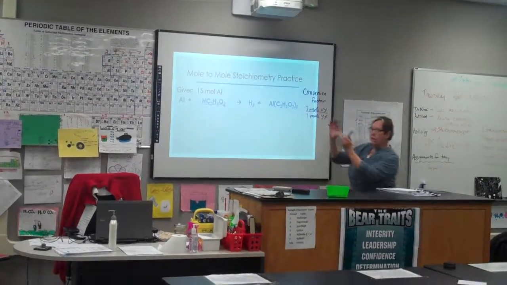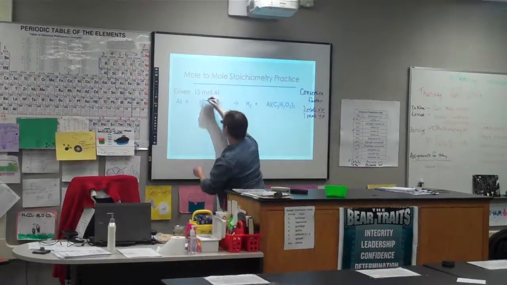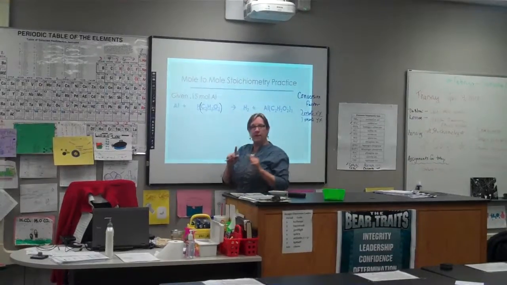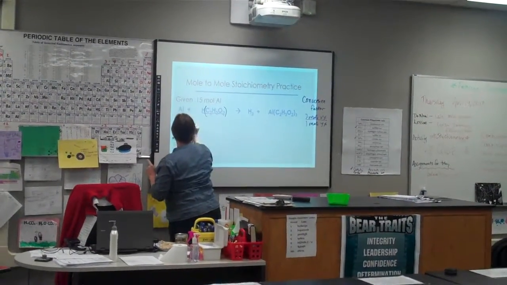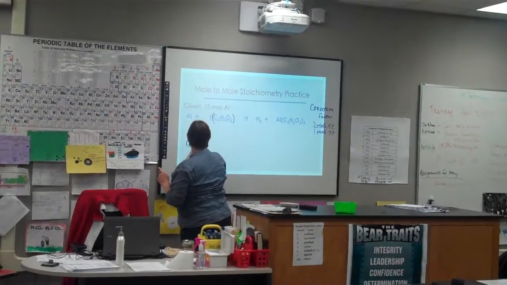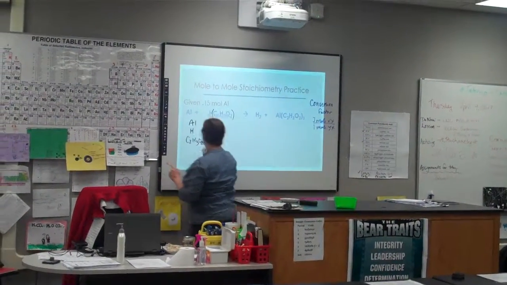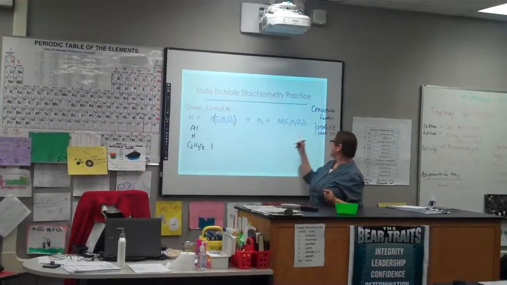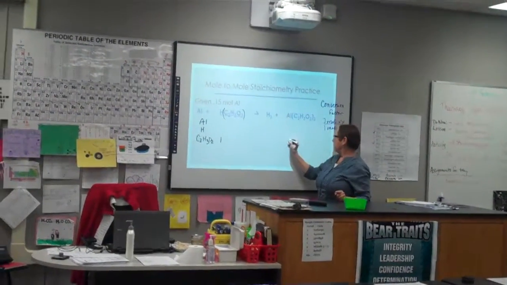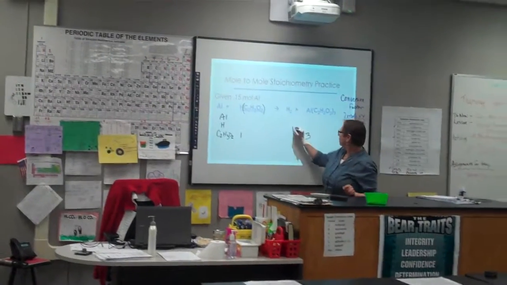So you're going to count that whole thing as if it were a single element, right? So we're going to be counting aluminum, hydrogen, and acetate units. So this side will be 1, exactly. How many on this side? 3. Good.